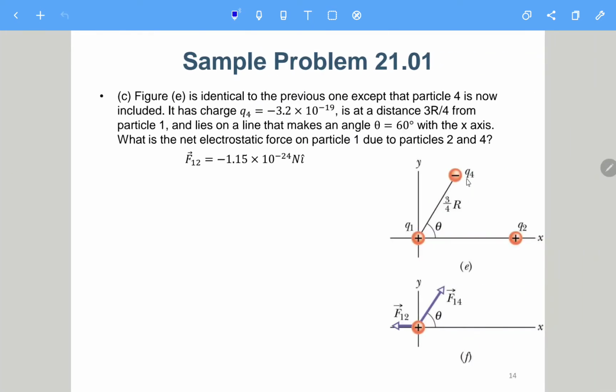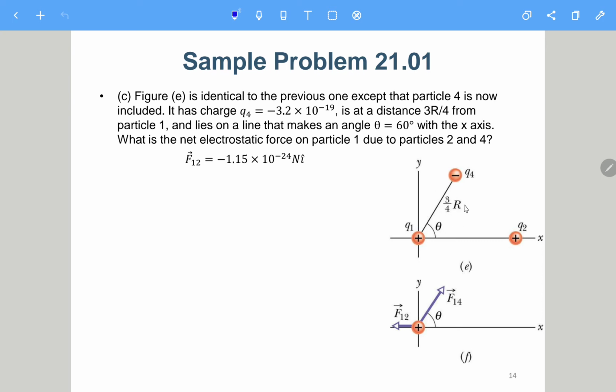Okay, so the next case is if we place Q4 not actually on the x-axis, some place here. Theta is 60 degrees with the x-axis. The distance between Q4 and Q1 is still 3R over 4.